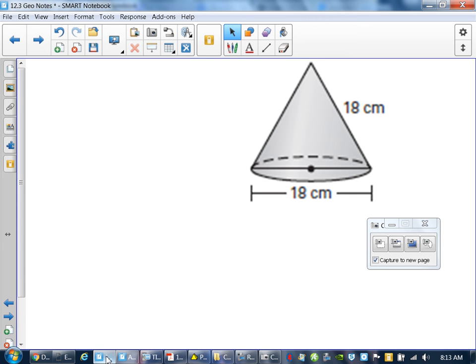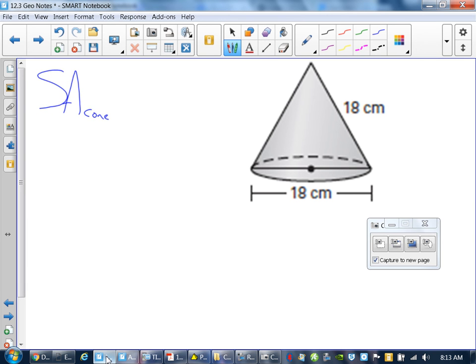What's the one thing you had to do on this one that was different than the other ones? You had to find the radius. If that's the diameter, what's the radius? Cones are usually really easy. L would be 18.